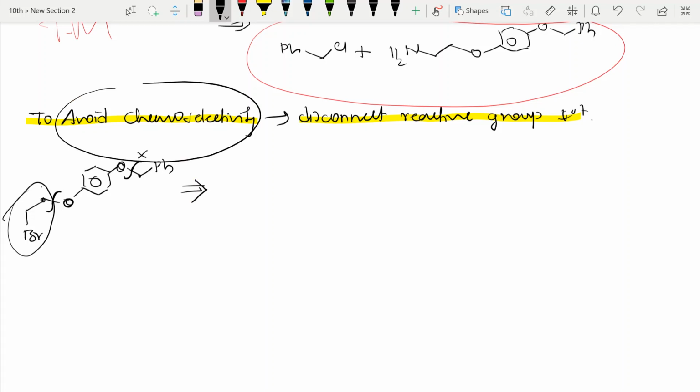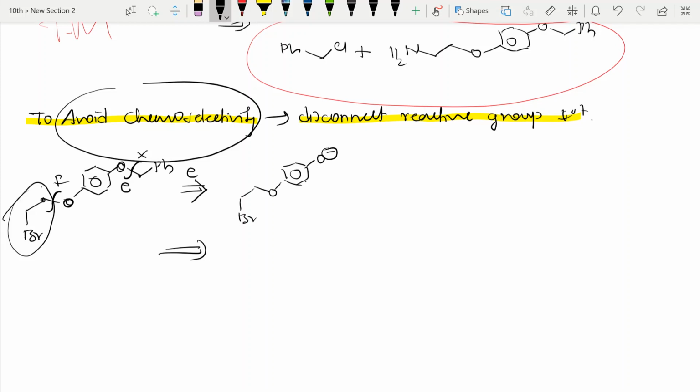So how will I cleave? I will cleave like this. I can show this as E, and let me take this as F. If I cleave like E, I will get this compound. So oxygen will be there, O, CH2, CH2 and Br, and here I will get O minus. There is every possibility of reaction of this O negative with this carbon, right?